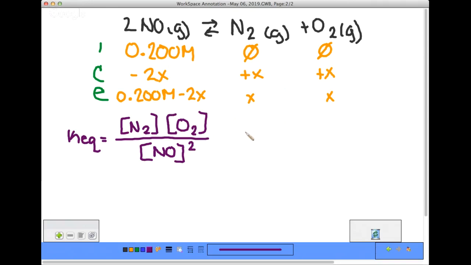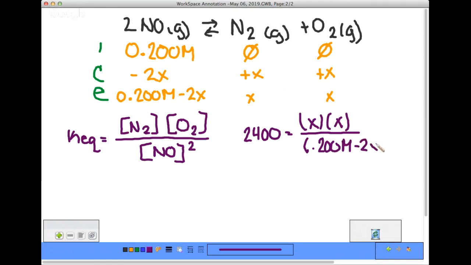When we plug this in, we know that our KEQ is 2,400, and then we're given x times x, over 0.200 molar minus 2x, and this is squared. So don't forget that squared.